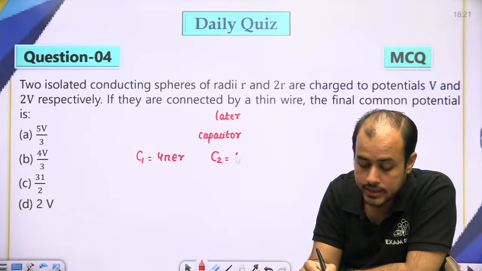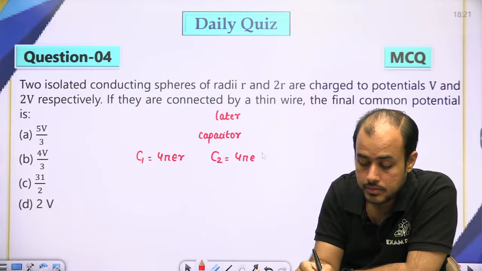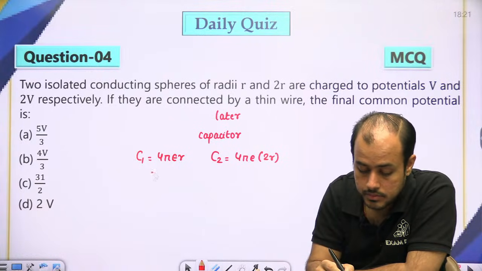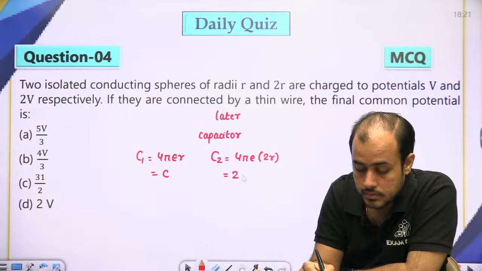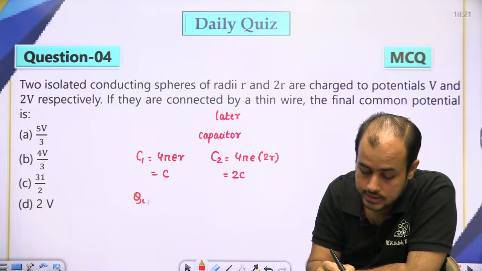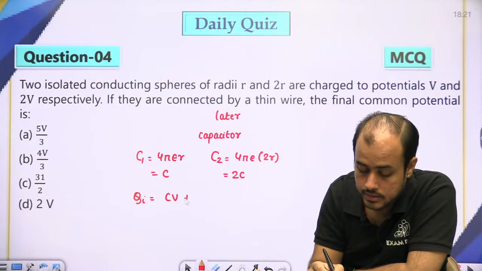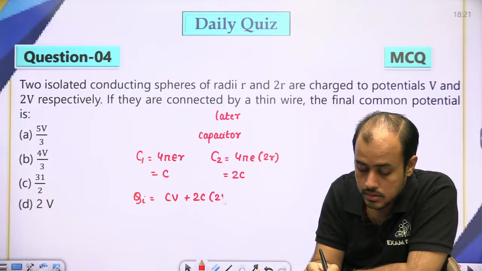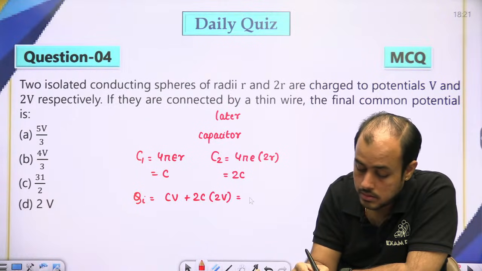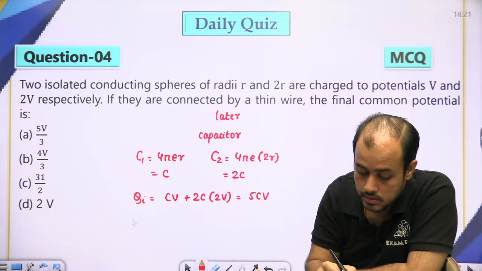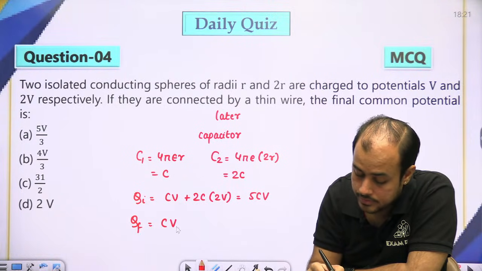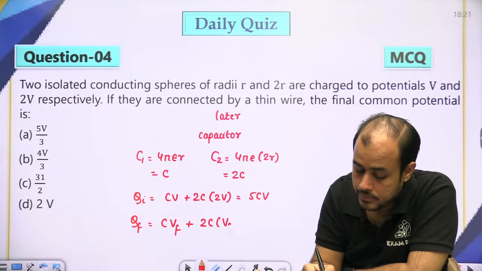And isolated sphere. Now initial charges CV. Final charge, when both are connected, their potential will be same.